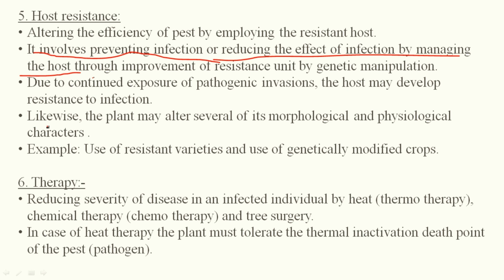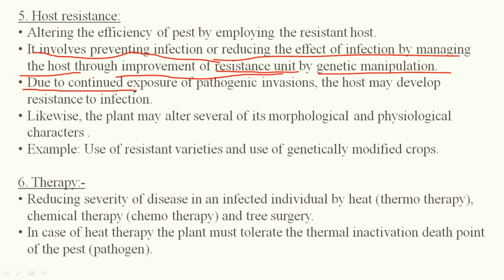By what? Through improvement of resistant unit. Suppose the plant is there. If it has resistance, it will resist. If not, very less resistance is there, we can improve the resistant factor, resistant unit, by some genetic manipulation. There comes biotechnology and all other things.